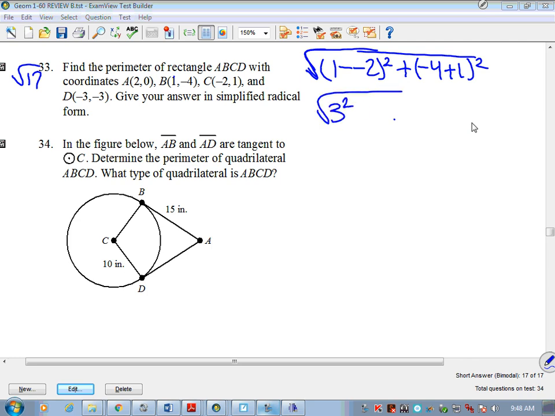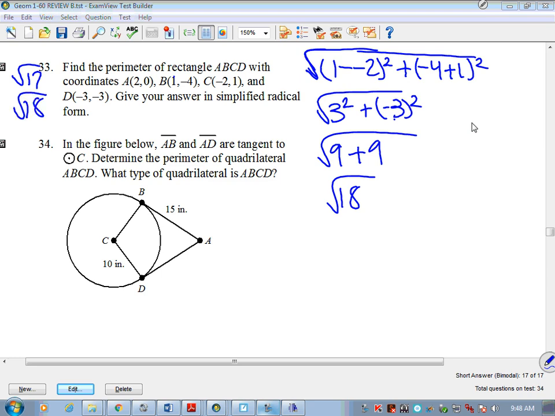So I got 3 squared plus -4 plus 1, which is -3 squared. All right. Well, I've got 9 plus 9, so I have square root of 18.